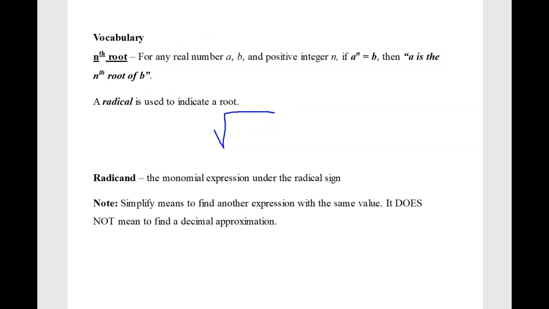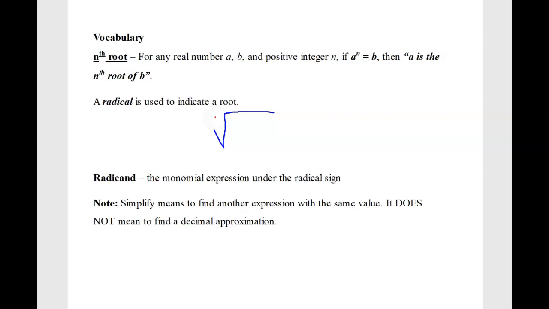What is an nth root? An nth root is any number raised to that power. The most common root we look at or investigate is a square root. The symbol used to indicate a root is the square root symbol.